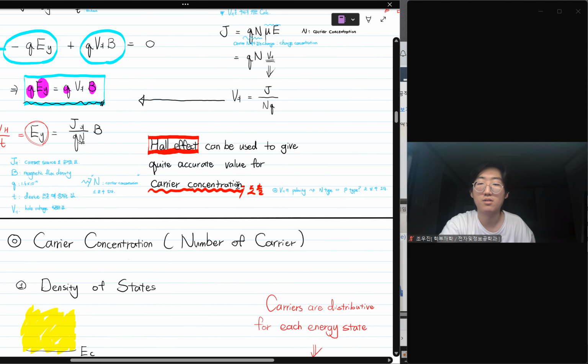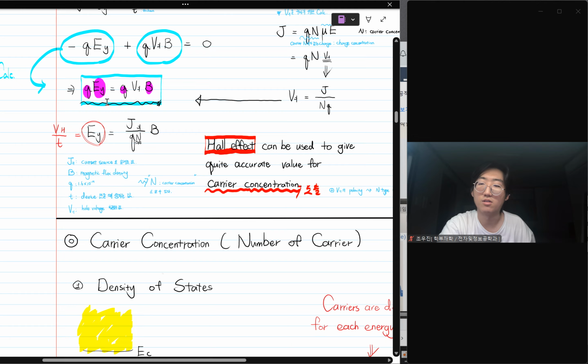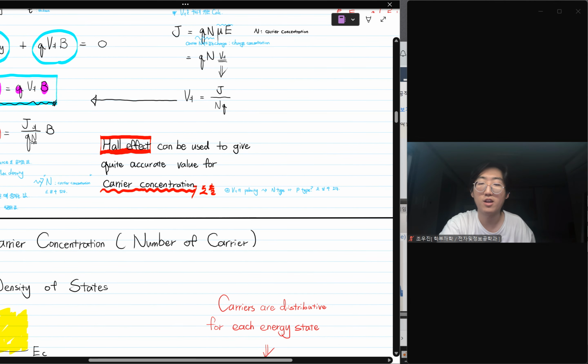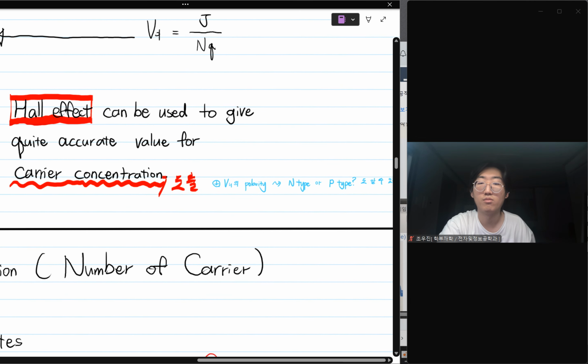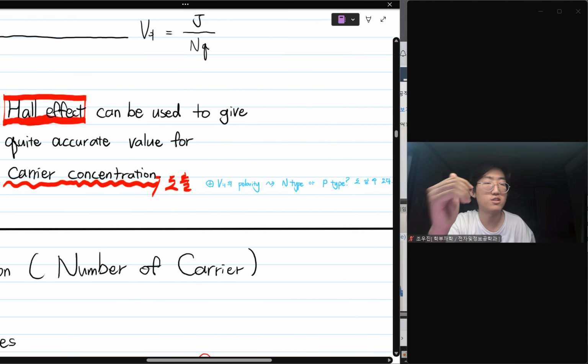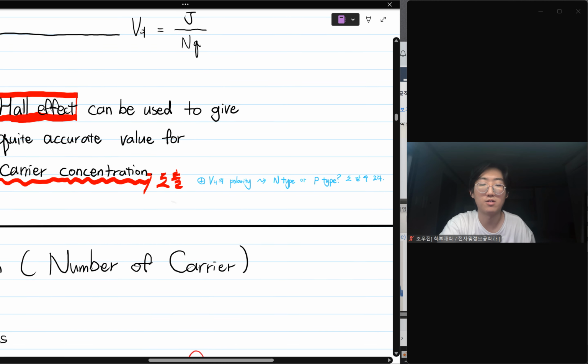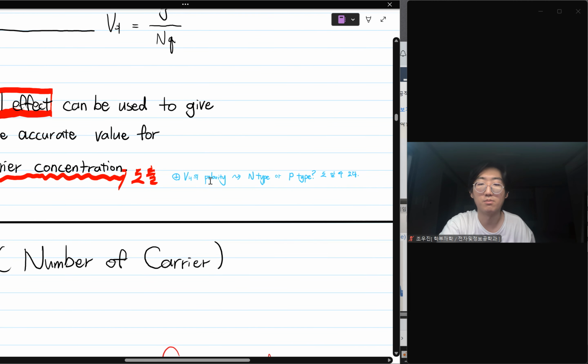We can get the carrier concentration from these equations, and we can also tell which type of extrinsic semiconductor it is from the polarity of VH.